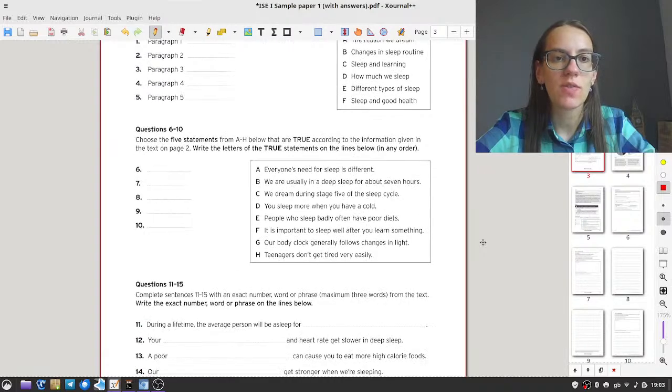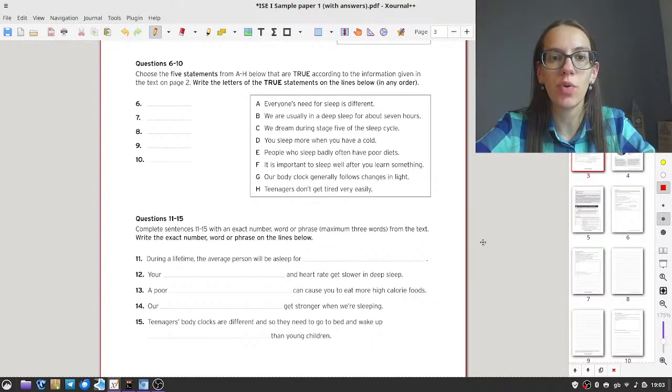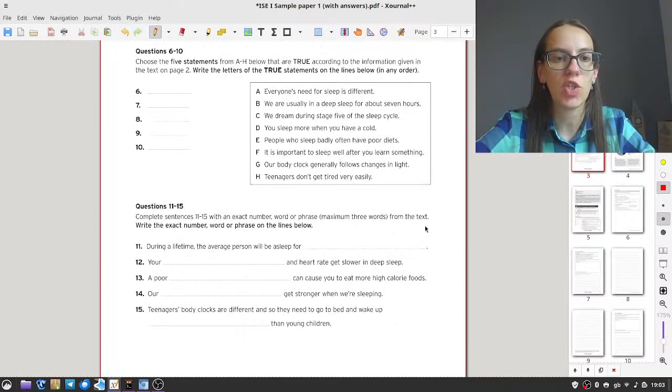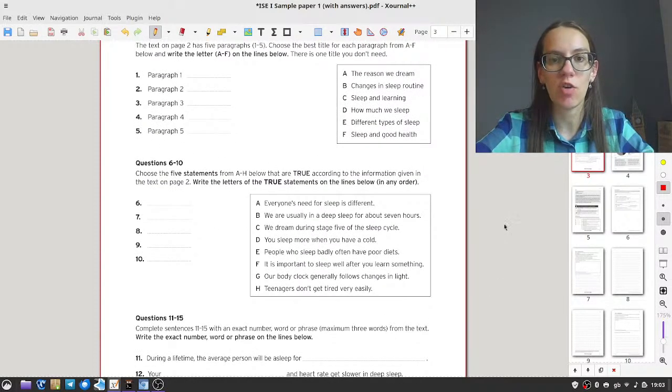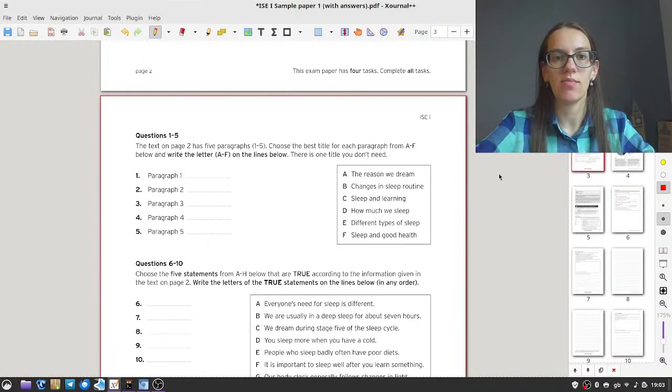In questions 6 through 10, you need to choose which statements are true and which are not true, or false. And in questions 11 through 15, you need to complete the sentences. So in these questions, you will actually need to write some words. Well, this is just an overview, just a quick look. Now let's look at these tasks closely.